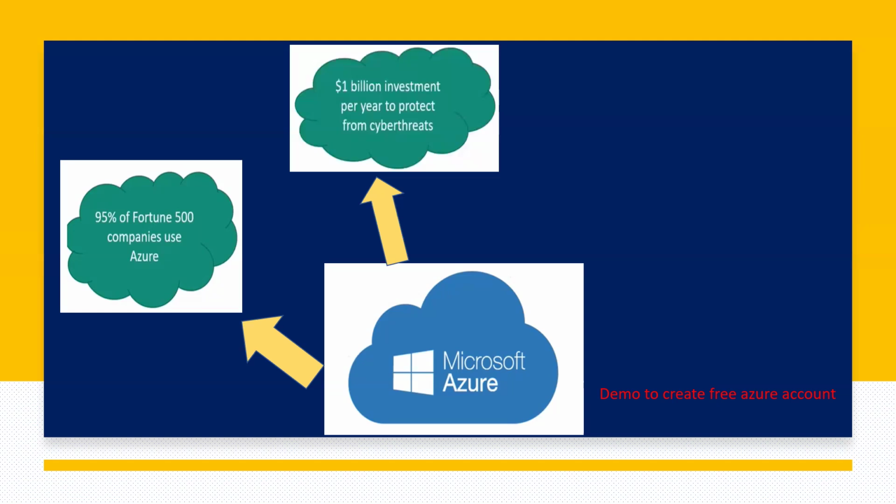Microsoft spends around $1 billion every year, investing in security to protect from cyber threats. Because they use data centers globally, and many companies have their business data in those data centers, security is very important.